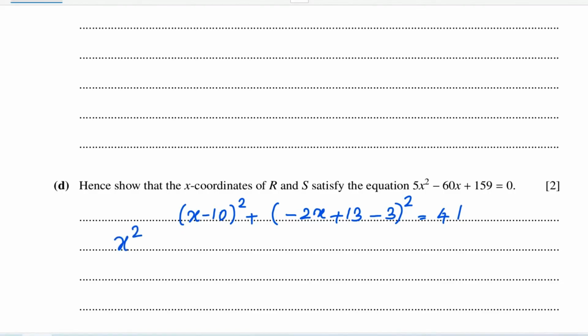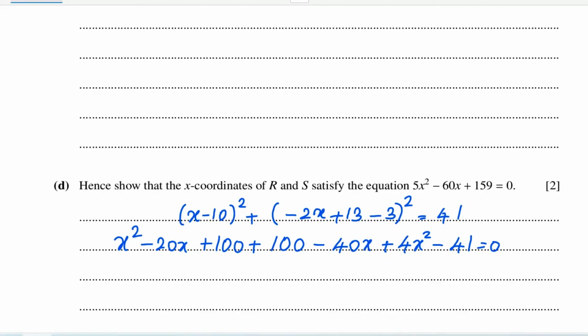So expand this one: x square minus 20x plus 100 plus, for this we get (10 minus 2x) squared, which is nothing but 100 minus 40x plus 4x square, minus 41 equal to 0.